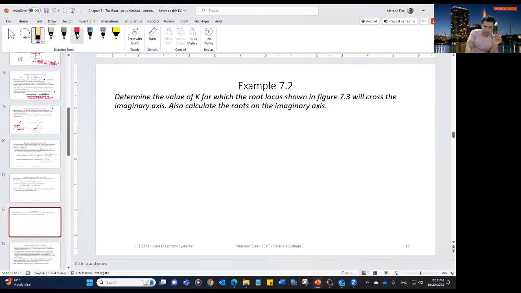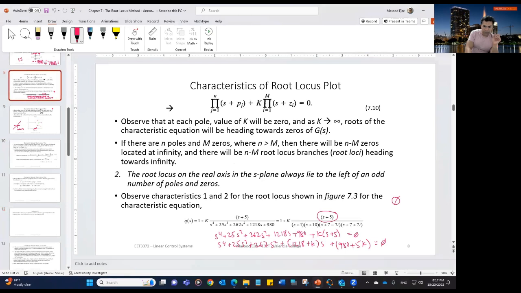So, where is the equation that we have? Oh, right here.